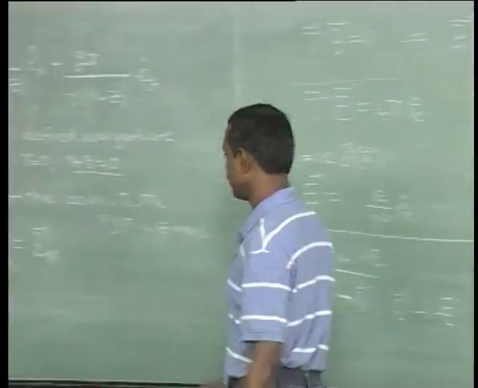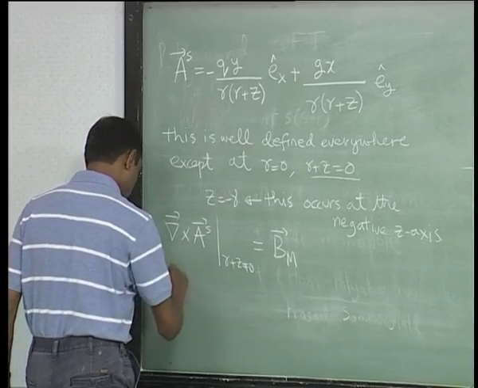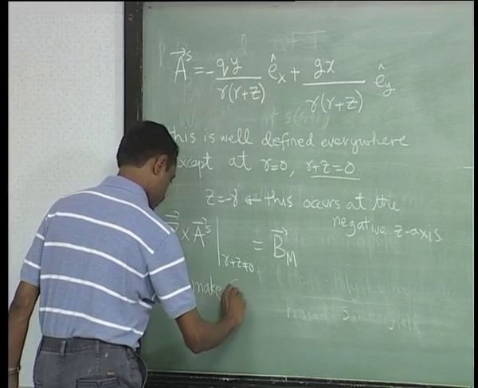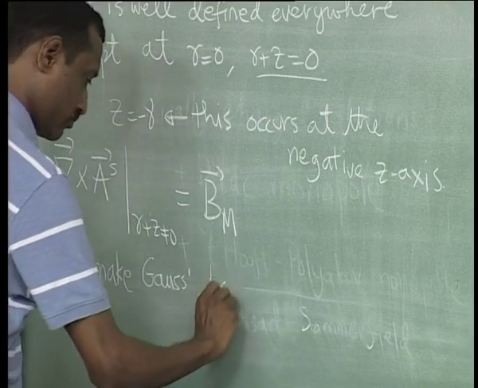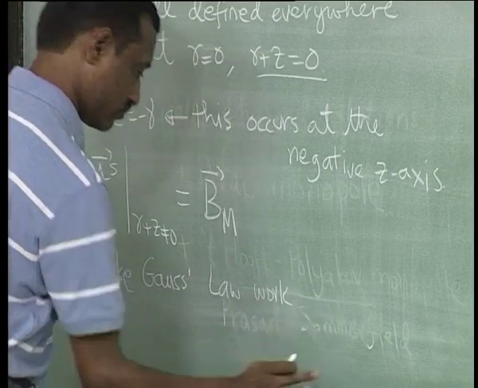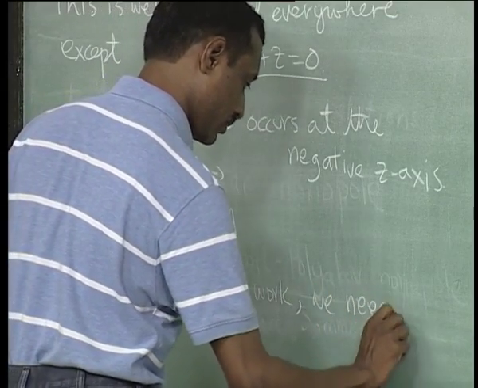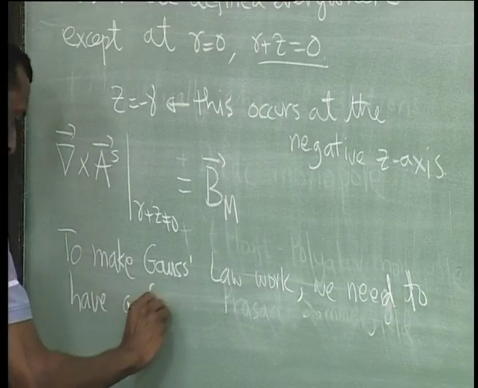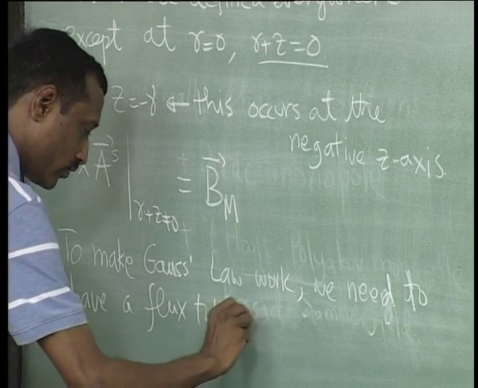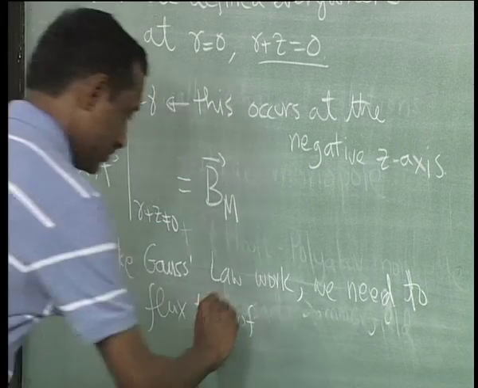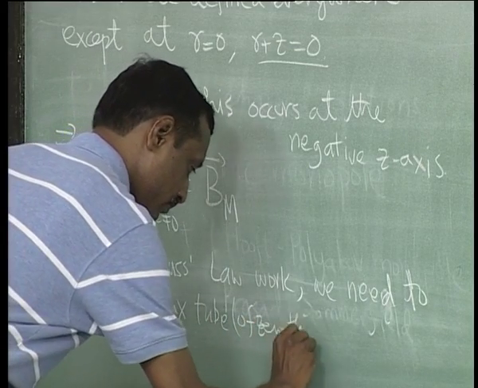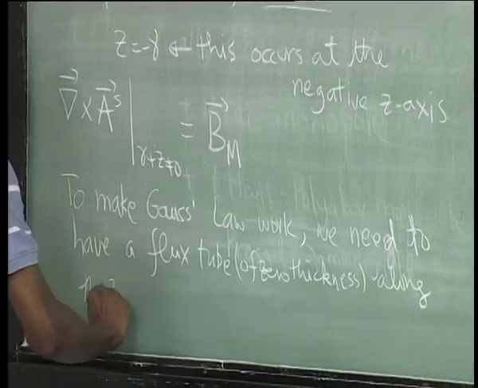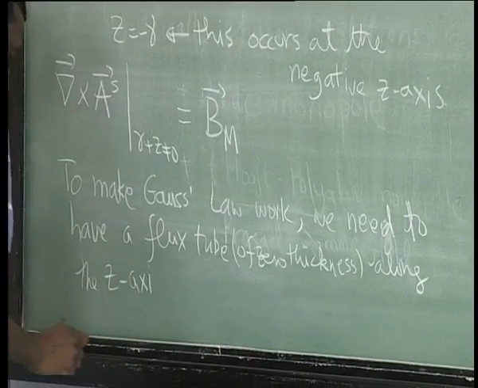So this implies, to make Gauss's law work, we need to have a flux tube of 0 size, if you wish, of 0 thickness, along the negative z axis.